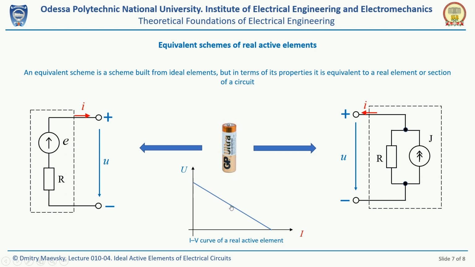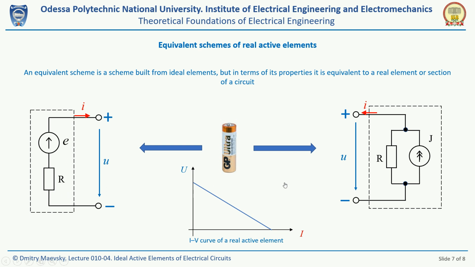Therefore, we can model the properties of a real element in two ways. First, you can use a voltage source with a resistor connected in series, which is shown in this scheme. In this case, the electromotive force of a real active element is simulated by a voltage source, and the internal resistance of a real source is simulated by a series-connected resistor.